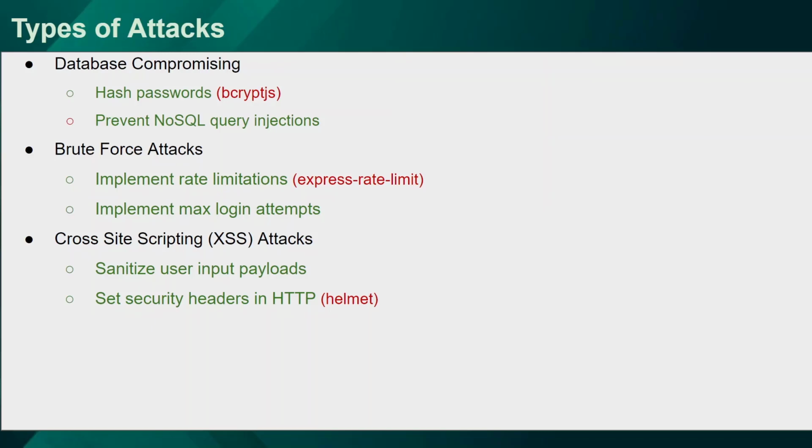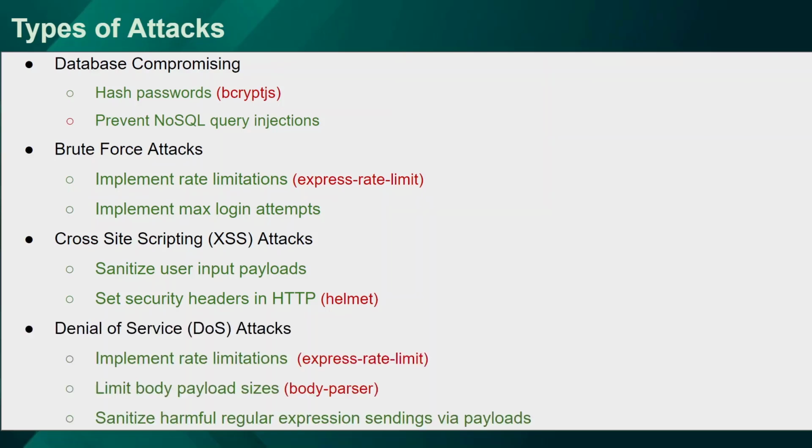So we have to prevent such stuff as well, and to prevent XSS attacks, we can set security headers in our HTTP payload. You can see that we can use the Helmet package to achieve that.